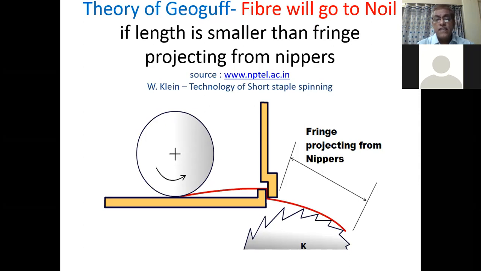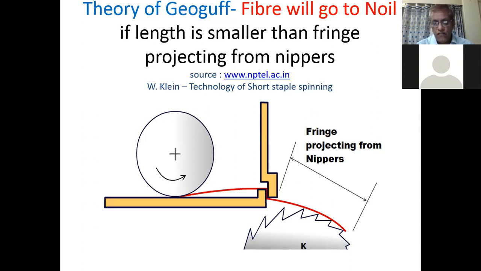As you can see in this diagram, from the nippers, the lap sheet is projecting. How much lap sheet is projecting? That is shown by the arrow, the fringe projecting from the nippers.